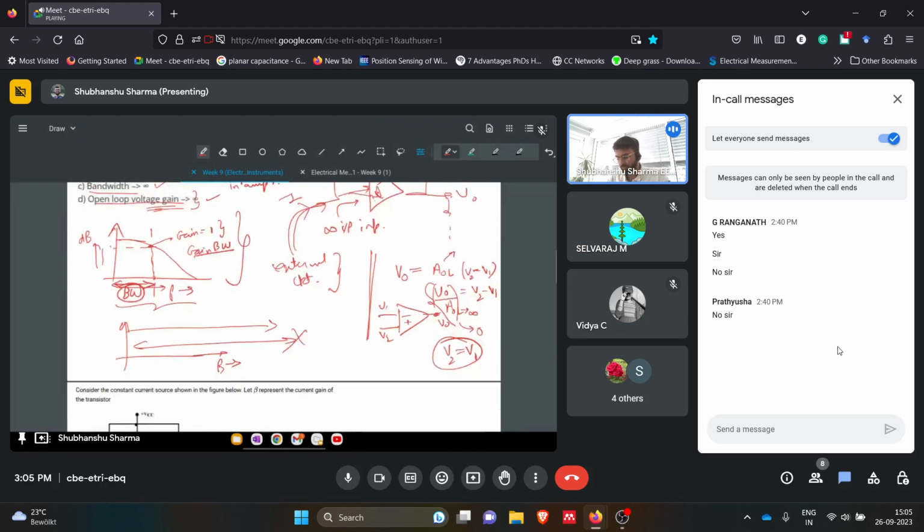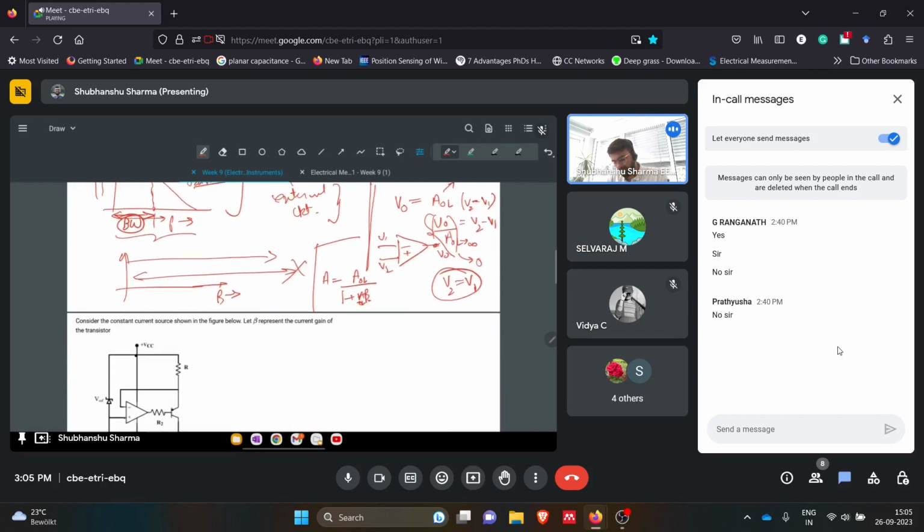One more way to see this: in control systems you have read that a closed loop system has a gain of A divided by 1 plus A beta. Beta is the feedback factor, and A is the open loop gain, AOL.